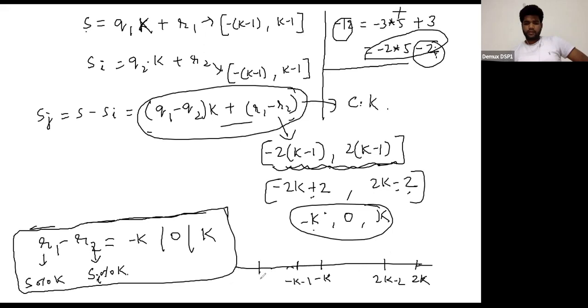You do that till this is minus 2k. So this is minus k minus 1 minus 2k. Here you will have a minus 2k plus 2. So you are looking for this range. In this range, you just have a minus k, a 0 and a k. These three.